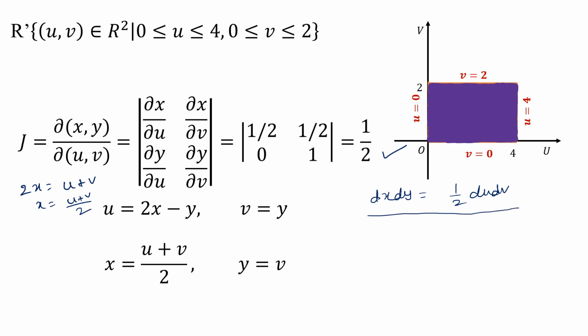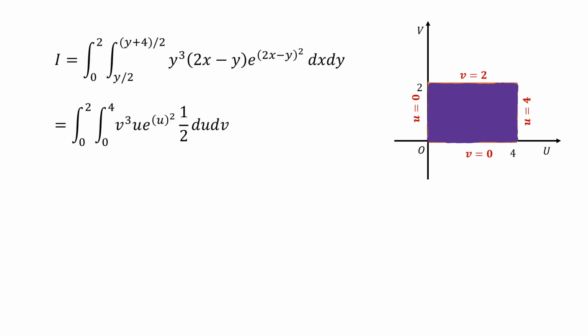So earlier the figure in xy, it's half of the region, 1 by 2 that you get, 1 by 2 du dv that you get here. So the area is bigger now, but over the integration it is a finite integration that you will get.